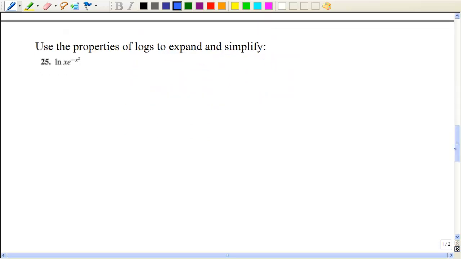So let's look at this natural log. It's the same thing, it's just a different base. All right, so again, we've got two things being multiplied together. So I'm going to use property 1 and rewrite this as addition. Now, you're going, what can I do? This is where you need to know that the exponential and logarithmic forms undo each other.